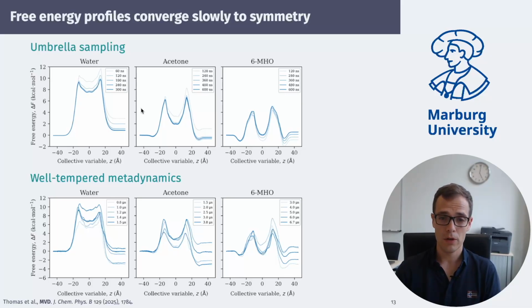And you will note that these free energy profiles are initially asymmetric, and they only converge towards symmetry very slowly, right? And these effects are more pronounced in acetone and 6-MHO than in water. So I should stress that we simulated up to the point where these profiles are symmetric to within 1 kcal per mole.